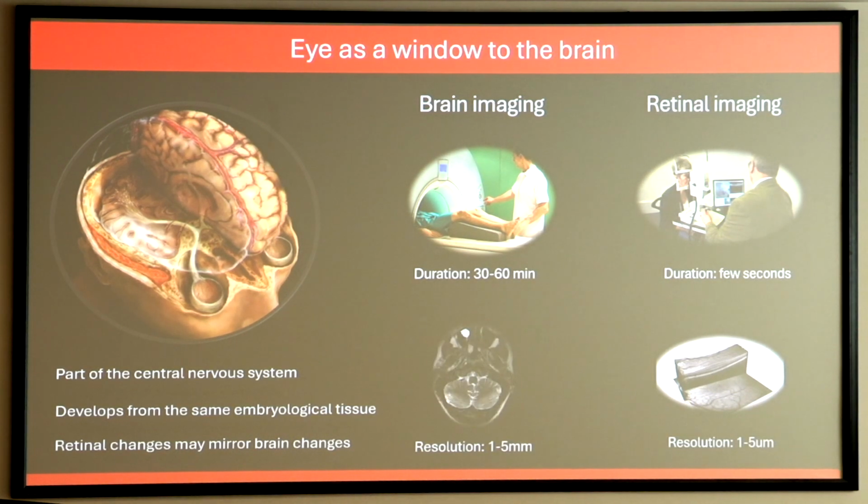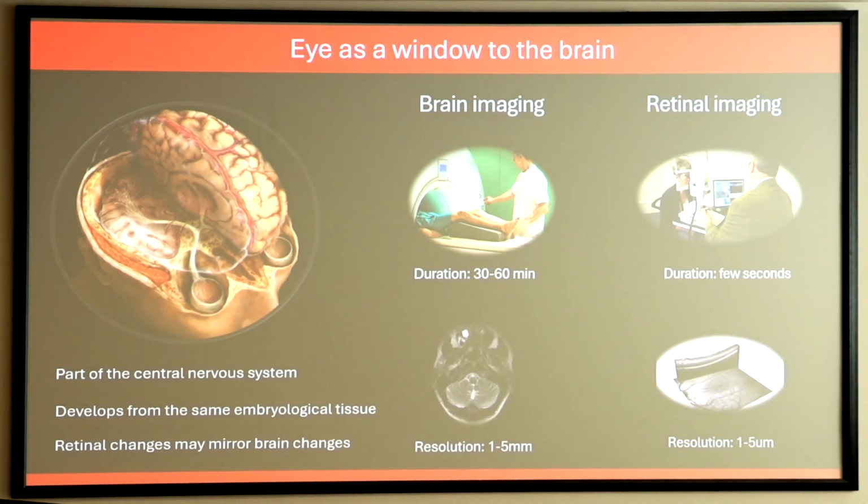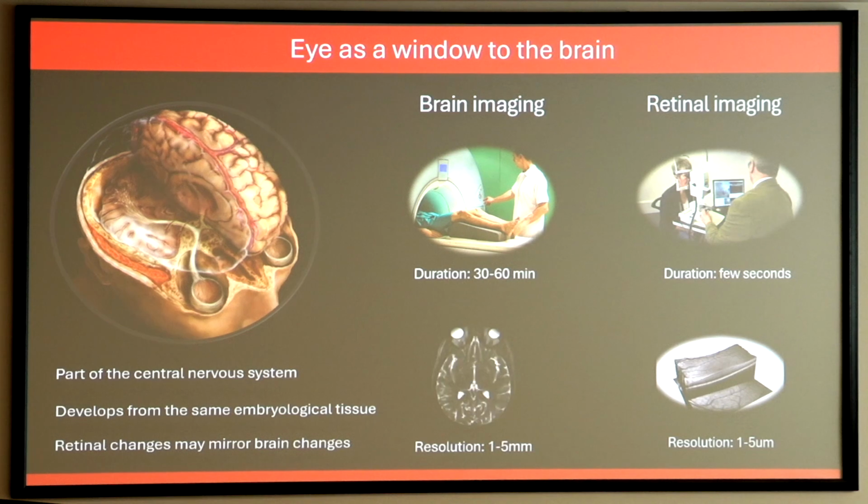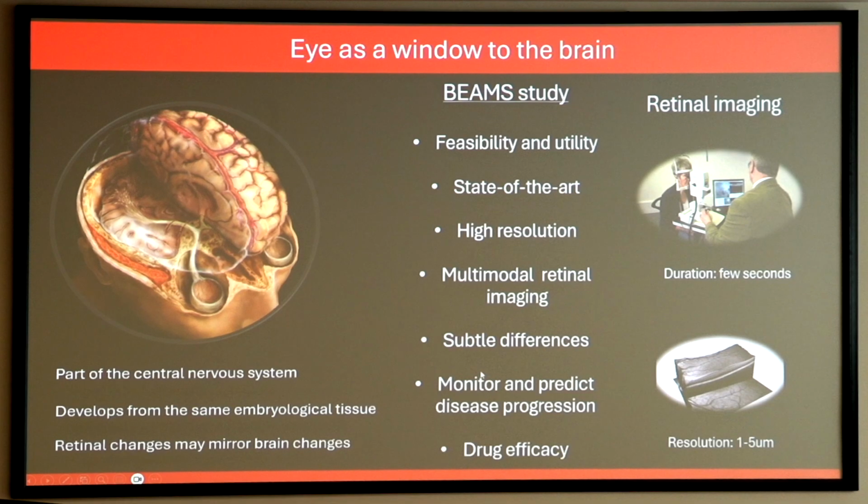we need to be able to detect subtle changes that may mirror the progression of the disease, independent from optic neuritis, independent from relapses. And so the BEAM study, which we designed in Belfast, does exactly this.